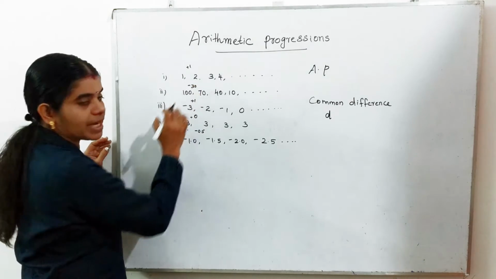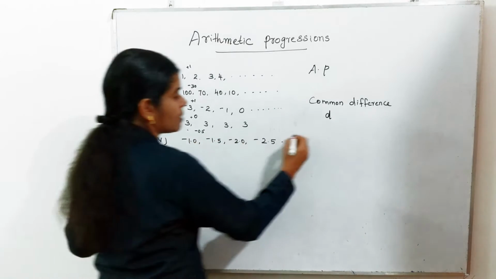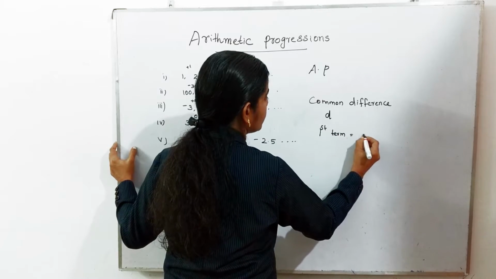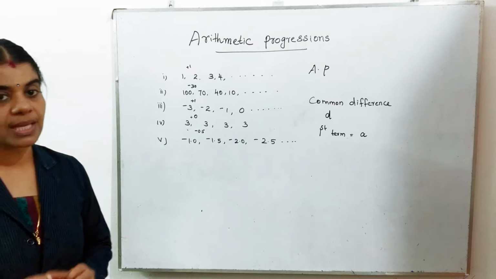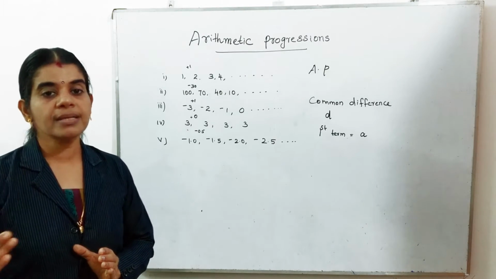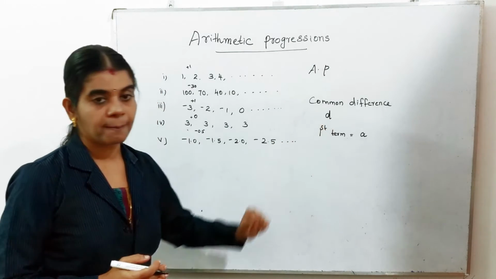First term, I already told, instead of number we want to say term. First term we are representing by A. Common difference, that is the constant number we use to get the next term, is denoted by D.